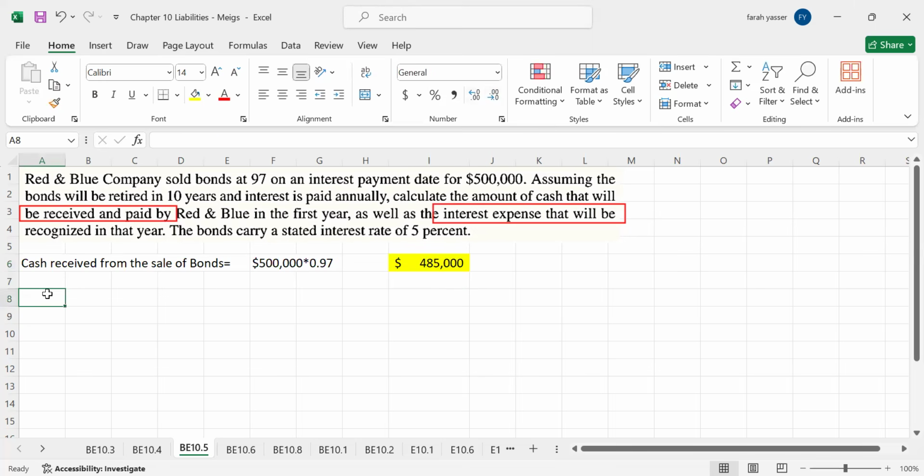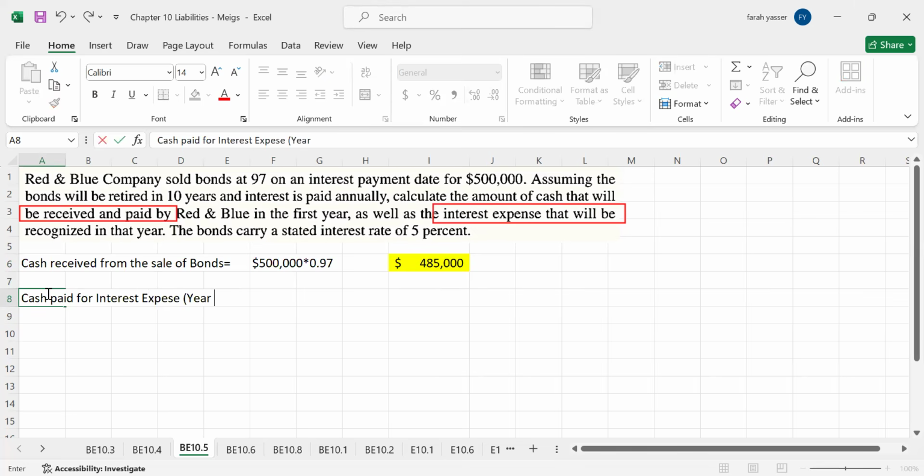Then the cash paid by the company for interest expense in year one. The total interest is paid at the rate of 5% and the interest is paid annually, so we do not need to adjust it further.